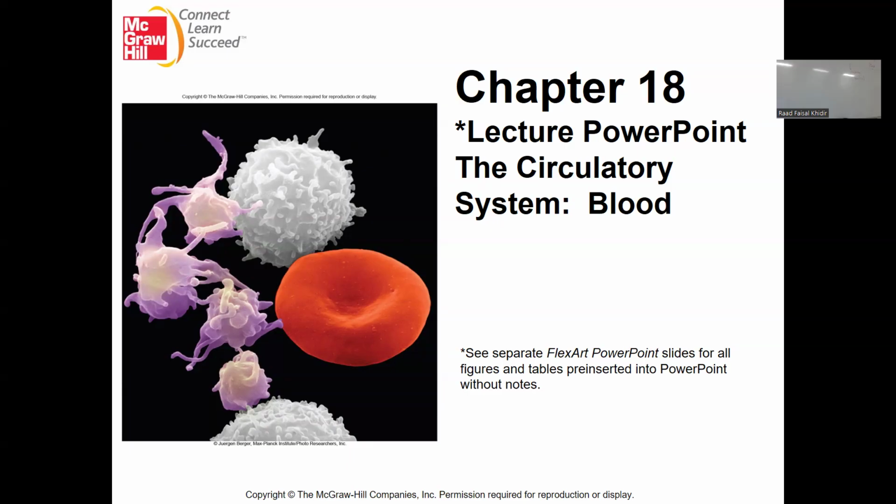So you have to know that 1% is actually two different types of cells. Platelets are not cells, they are fragments of cells. But you have the white blood cells and the platelets. The other name for platelets is thrombocytes. Thrombocytes are the platelets.